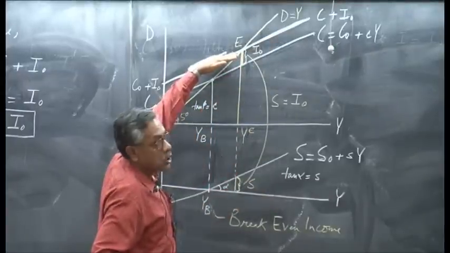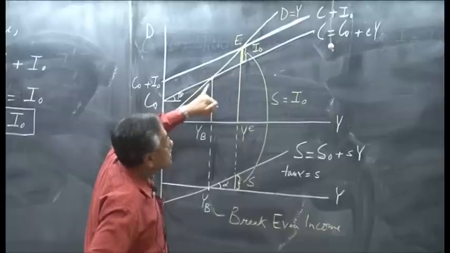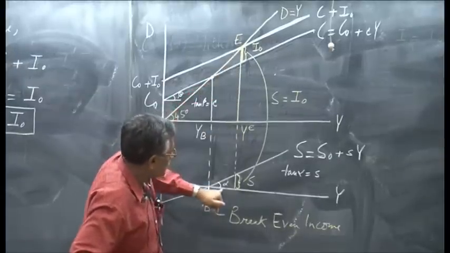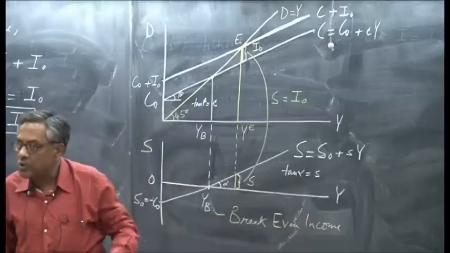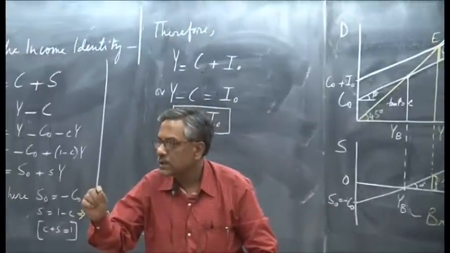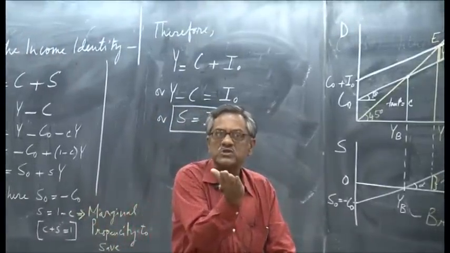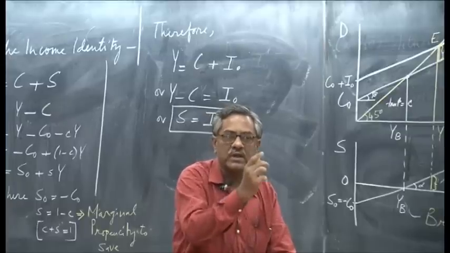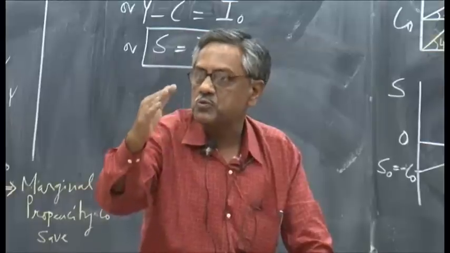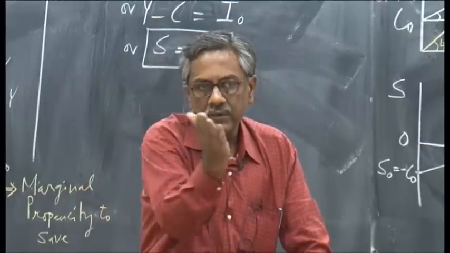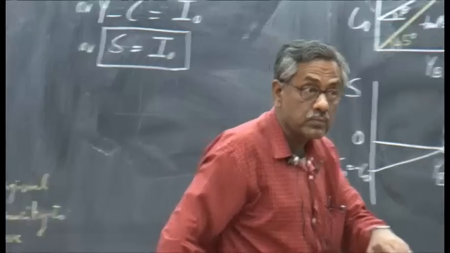If it becomes flatter, it intersects to the left, so income would be smaller. The slope, small c, is a very important variable. If small c increases, the line becomes steeper and the equilibrium output and income will increase. If the marginal propensity to consume drops, the line becomes flatter and income and output drop in the economy.